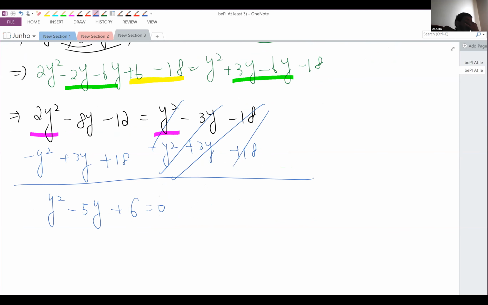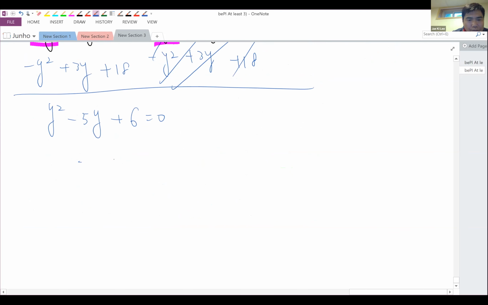Okay. And now we're factoring. So you multiply two numbers to become 6. The sum becomes negative 5. What are they? 1 and 6. Okay, 1 and 6.